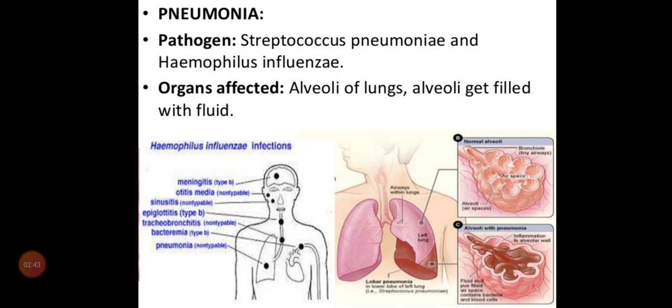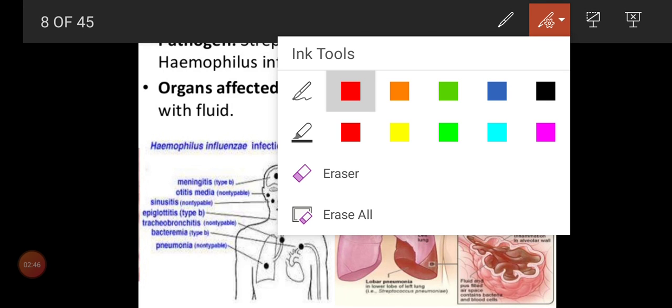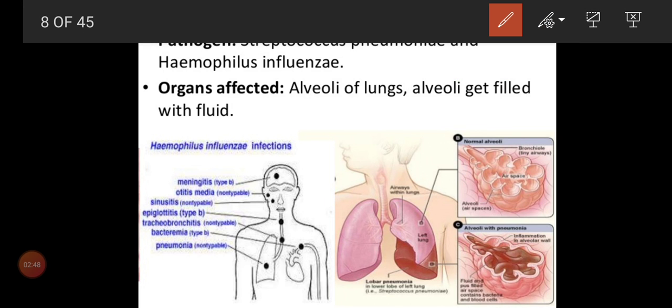Now, as we learned in lower classes, it spreads through the droplets from infected persons. It will enter the nose and reach your throat, and it will stay there for a few days in the upper respiratory region.